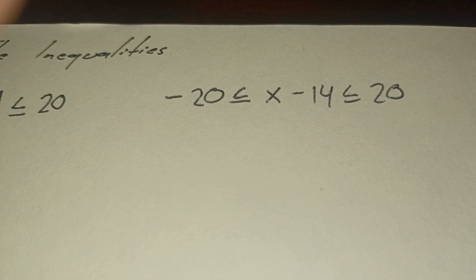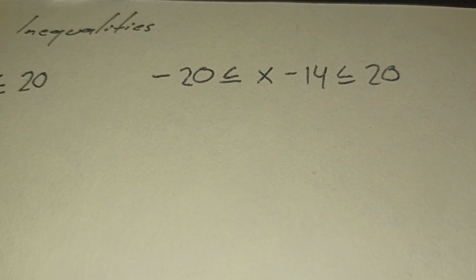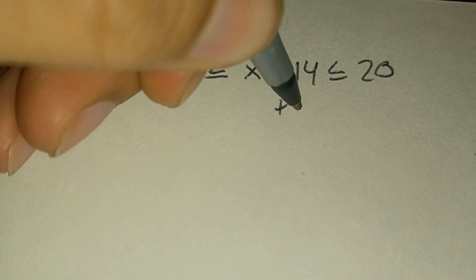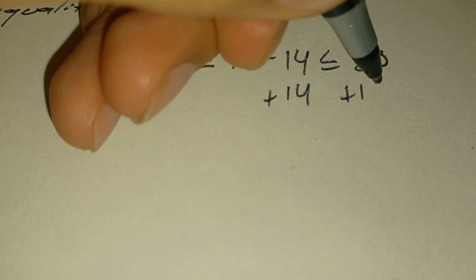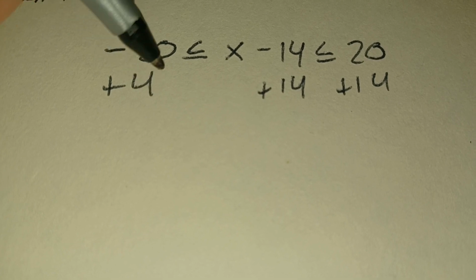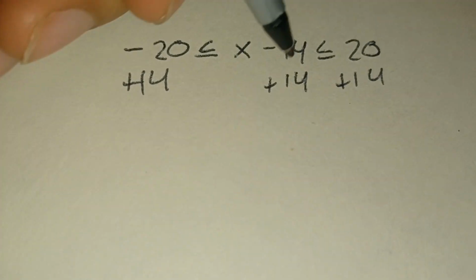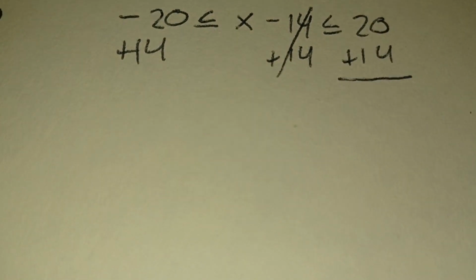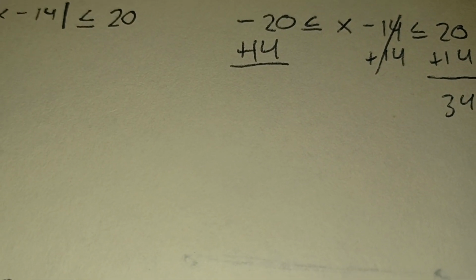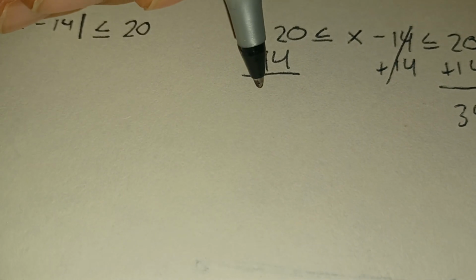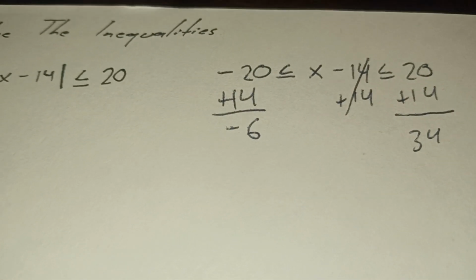The way we do that is we add 14 to each side, because the 14 needs to cancel out. This obviously cancels out. This is going to equal positive 34. This is going to equal negative 6.